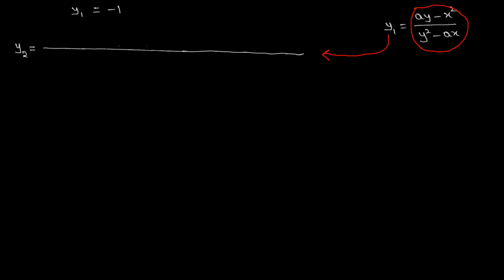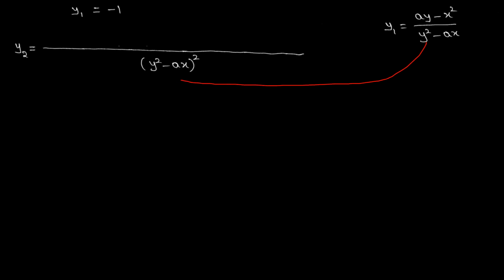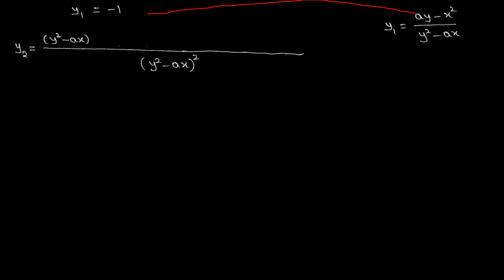The quotient rule says denominator whole square. In the denominator we write, and in the numerator, denominator as it is first, differentiation of numerator.